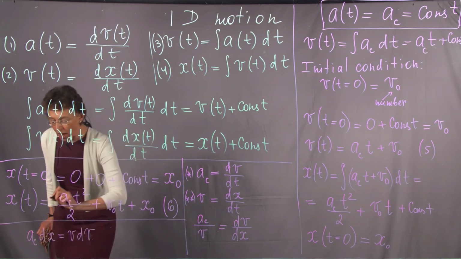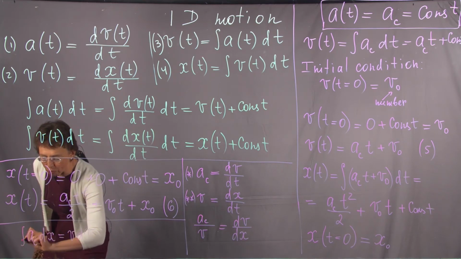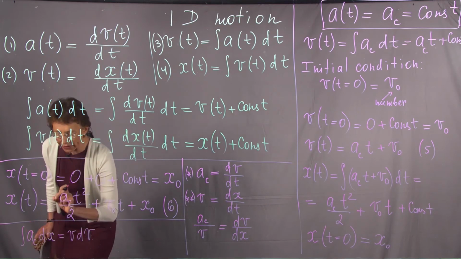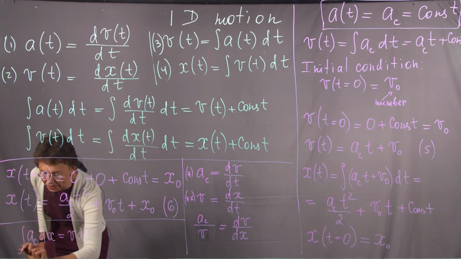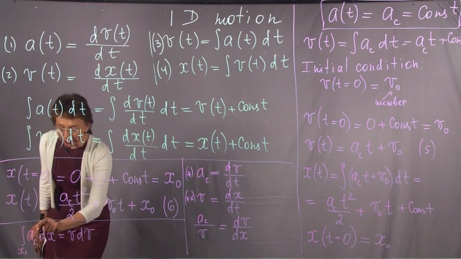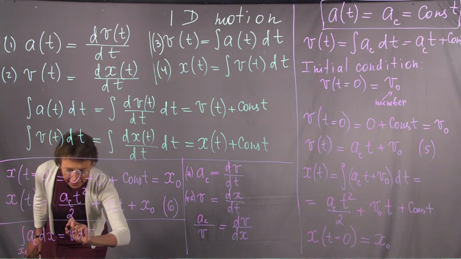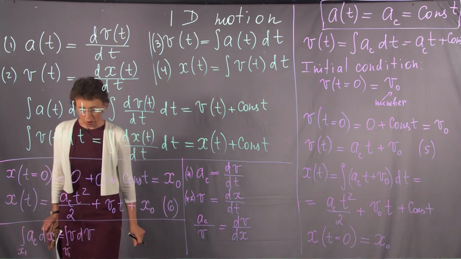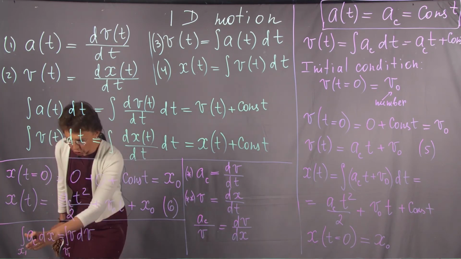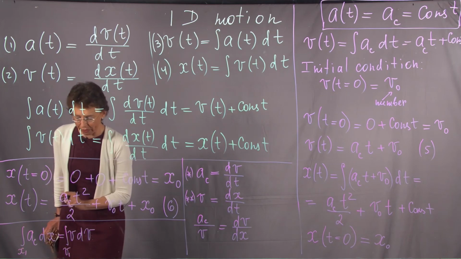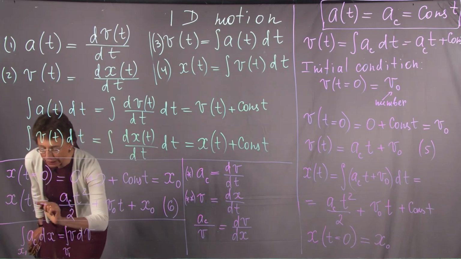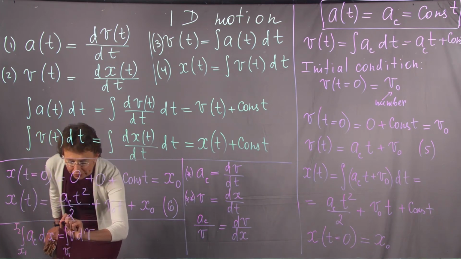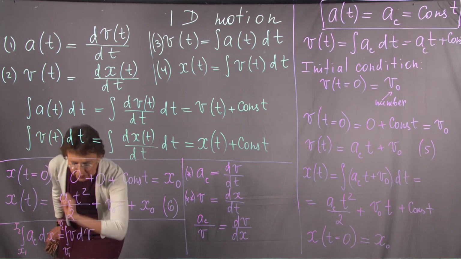For a change, I will take a definite integral of both sides. I will assume that at time moment t1, the position was x1 and velocity was v1. At time moment t2, the position of the object was x2 and the velocity of the object was v2.